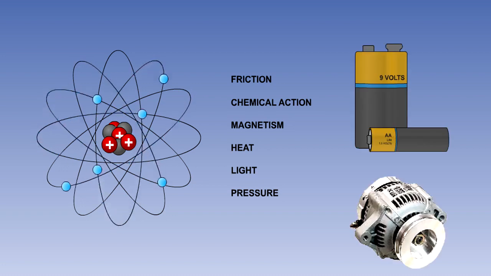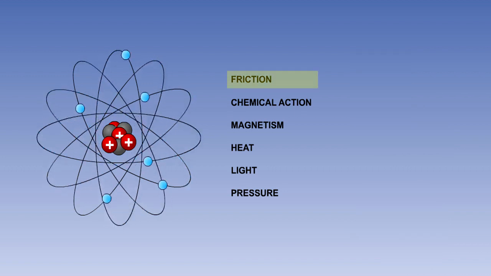Of these 6 methods, only batteries and generators produce electrical power in usable quantities. These 2 methods will be explained in detail in later lessons. We will have a quick look here at the other 4 methods, starting with static electricity.